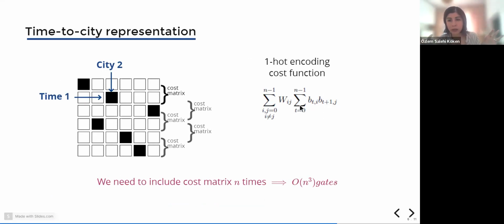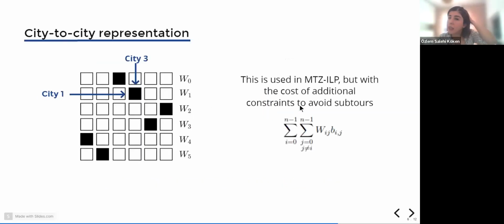But if one has city-to-city representation, meaning that if your binary variables are of this form, bij's, where this is equal to 1 if after I you are visiting j, then you already know that once you are in city I, you will visit some city, and there are n possibilities for that.